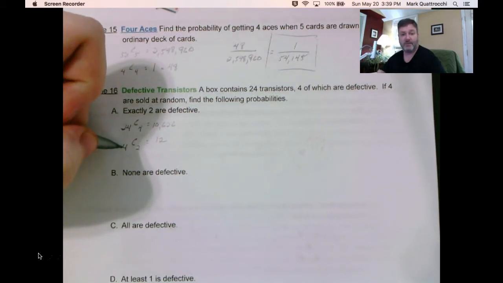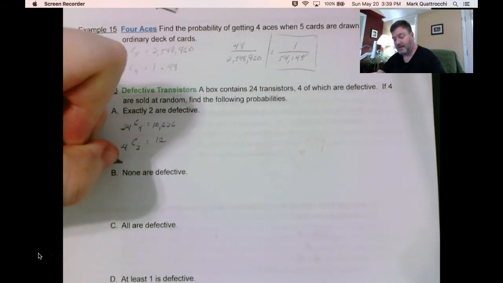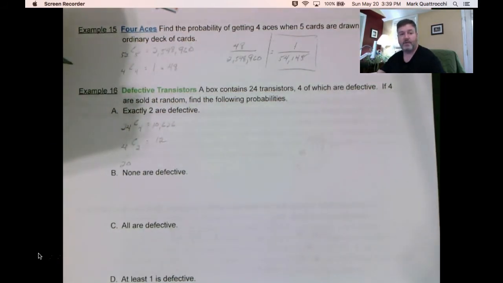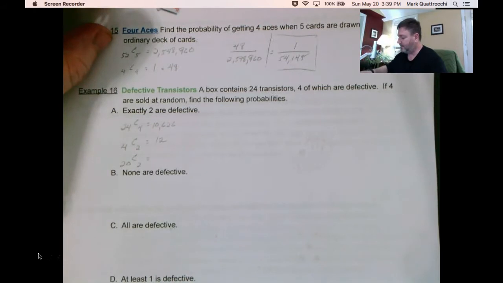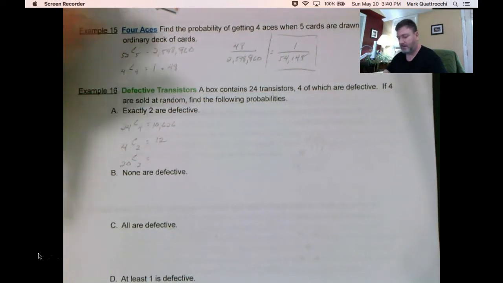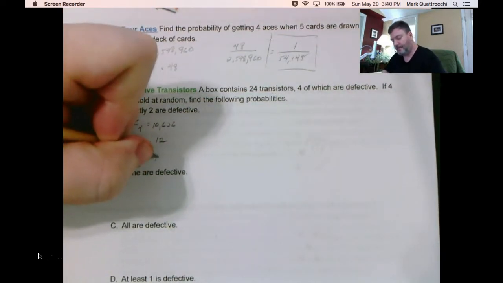They're going to be fine. So there are 20 that are perfectly fine, and we're choosing 2 of those. So 20 choose 2, factorial divided by 18 factorial divided by 2, 190.